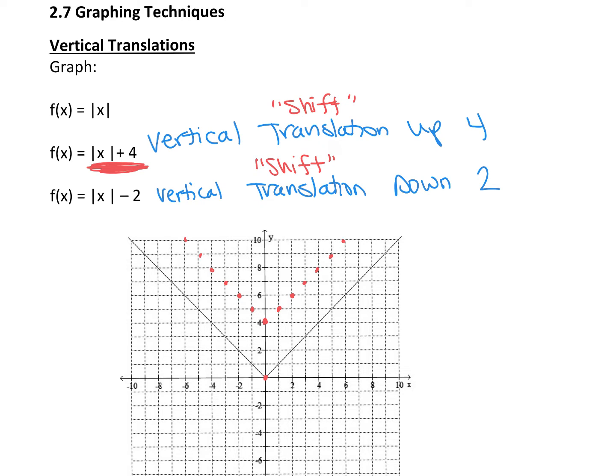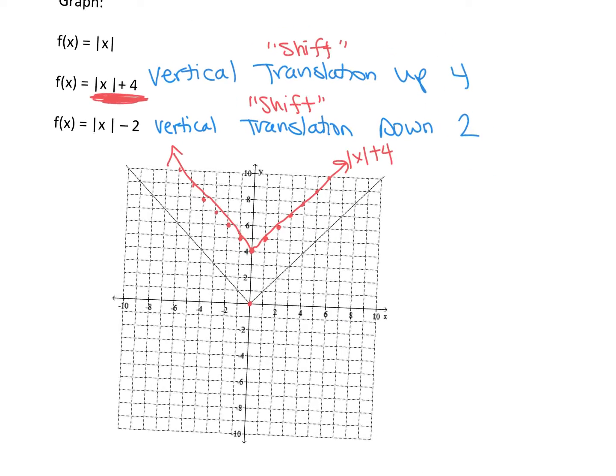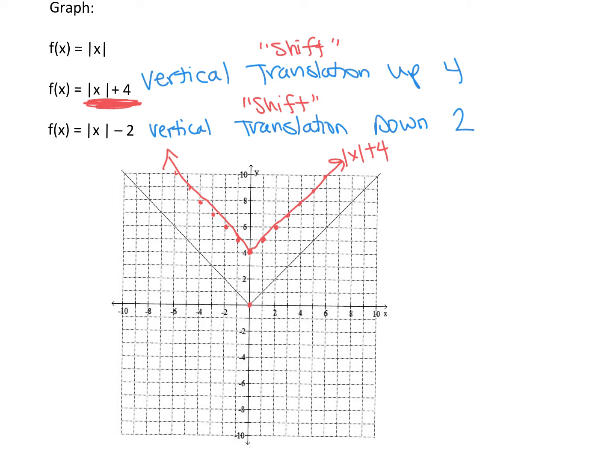Now, you could also create a table of values, and your ordered pairs would all have moved up 4. The table is always a good thing to fall back on if you were not sure what the transformations were. But by the time we finish this lesson, you're probably going to have them memorized naturally.